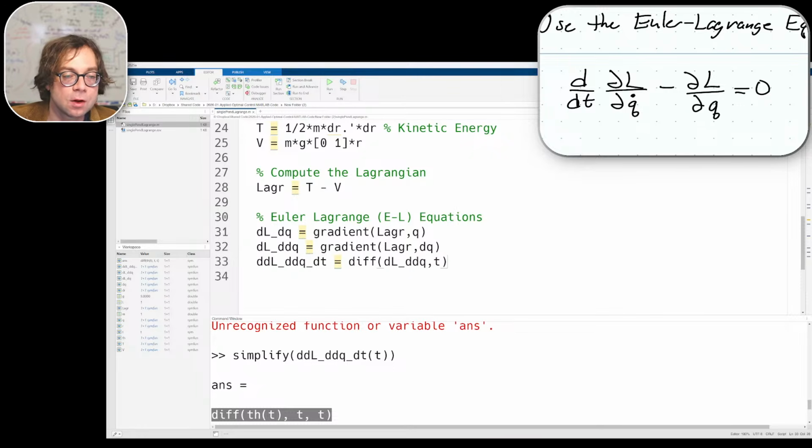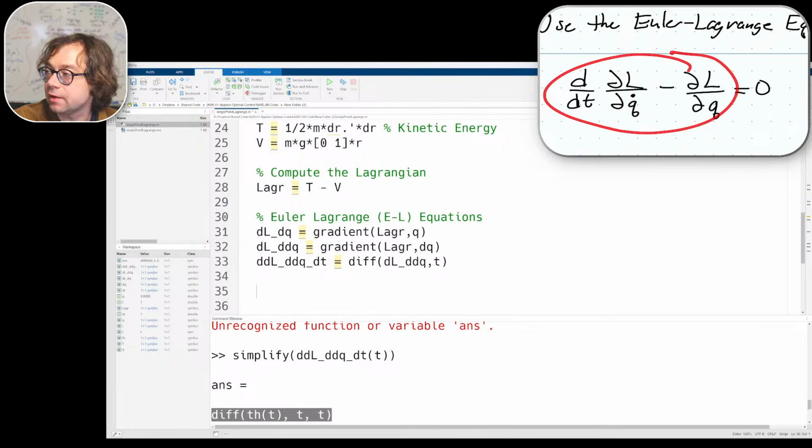So now the EL equations, what we're going to call this whole thing on the left-hand side, we're going to call the EL-LHS, for the left-hand side of the equation.